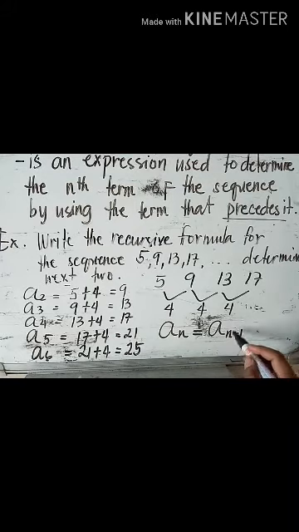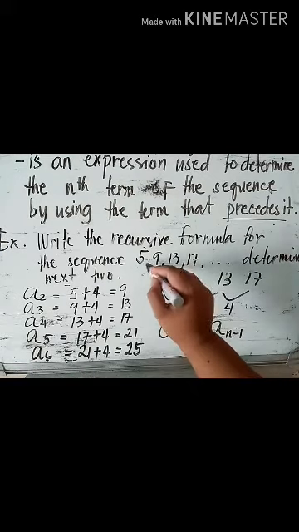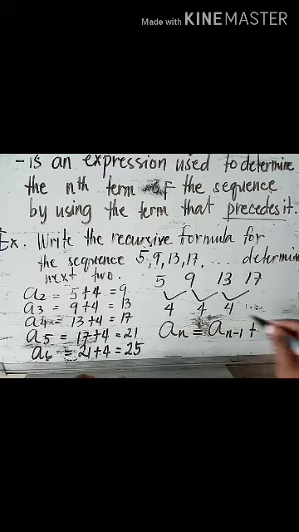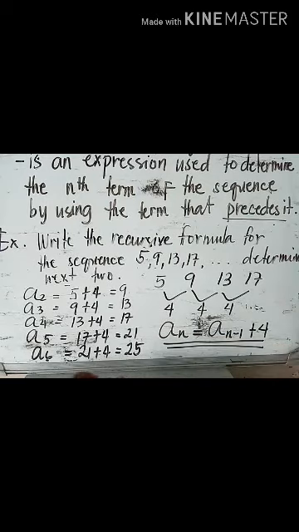Because if n is 2, then 2 minus 1 goes back to the first term. So it means the previous term plus the common difference. So this is now the recursive formula of the sequence 5, 9, 13, 17.